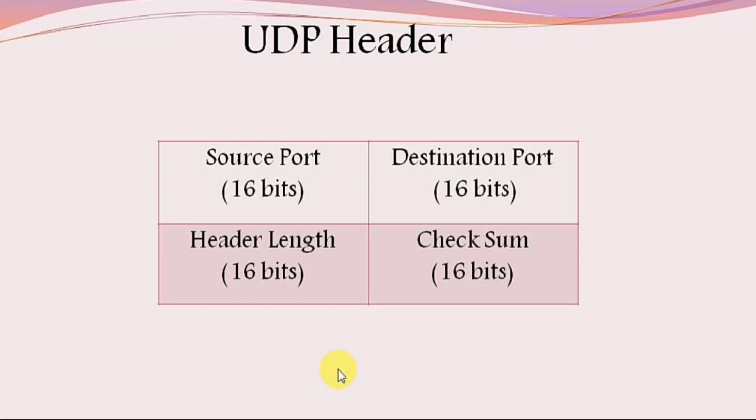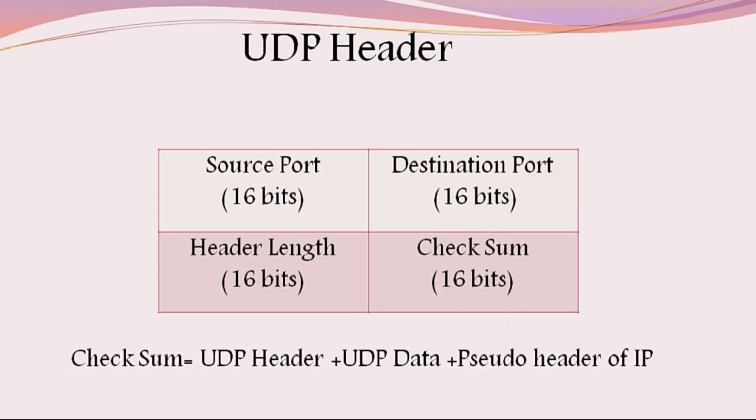Okay, now let us see the checksum. Here, this checksum is used for error control or error detection. Now let us see how to calculate the value of checksum. The checksum is defined as the summation of UDP header, UDP data, and the pseudo header of IP. Here, the UDP header length value should be taken in order to calculate the checksum value. And UDP data, we know that it is a payload and it is technically defined by the user.